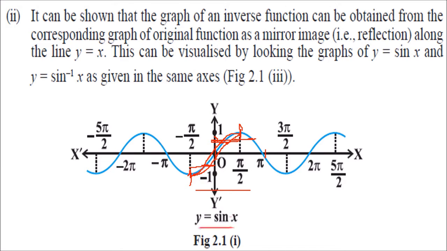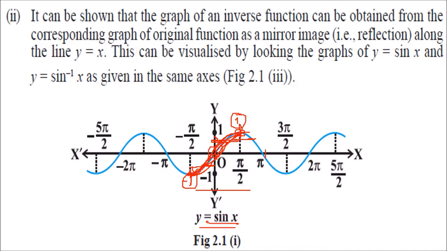So this is y equal to sine x. Sine 0 is 0. Sine pi by 2 is 1. It goes from minus 1 to 1. This is the whole range of sine theta. The range of sine theta will be the domain of sine inverse theta.